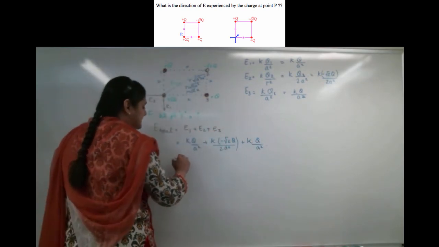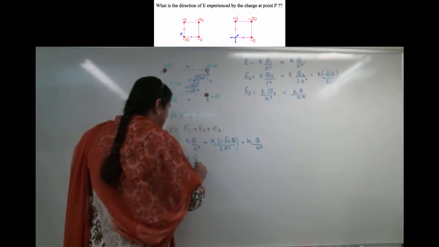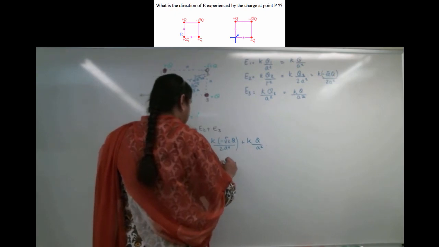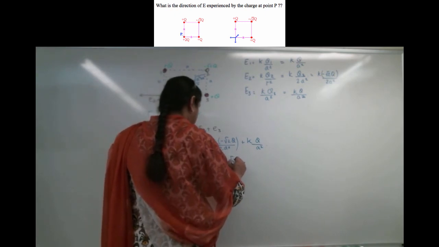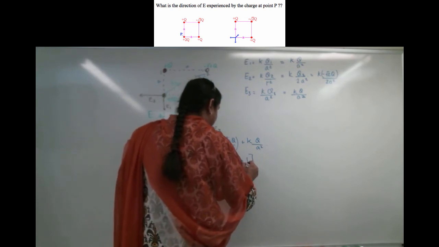I can take KQ over A squared common. I will be left with 1 minus square root of 2 over 2 plus 1.